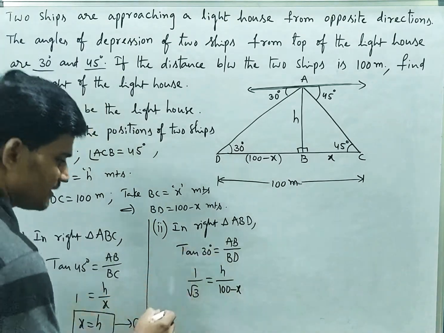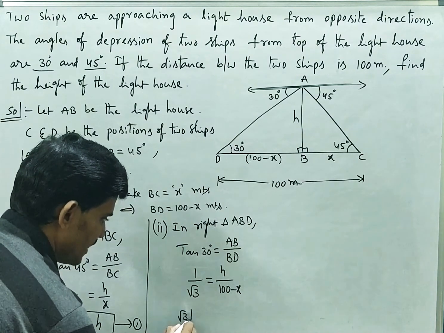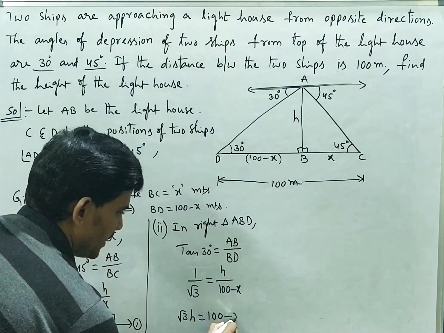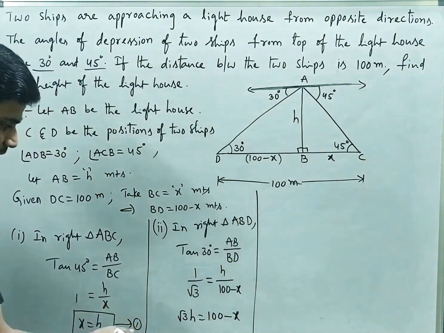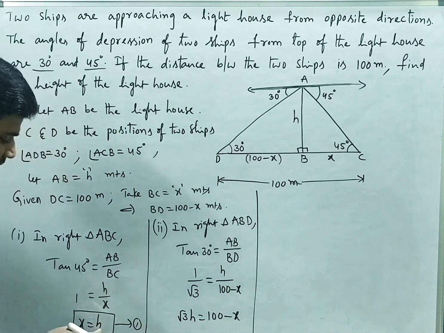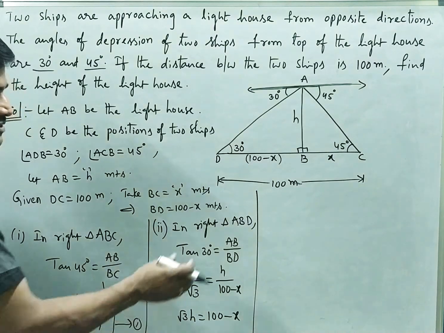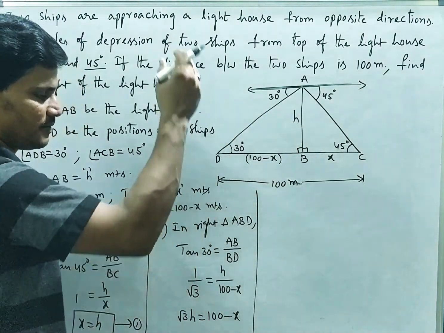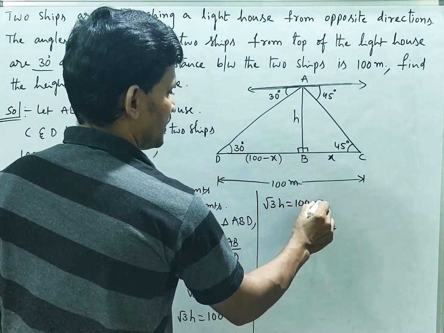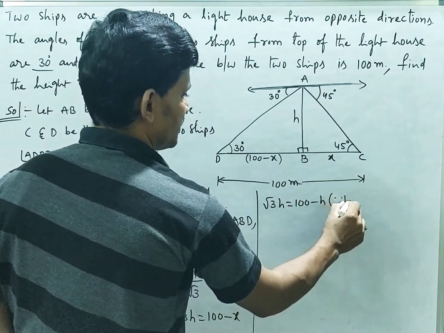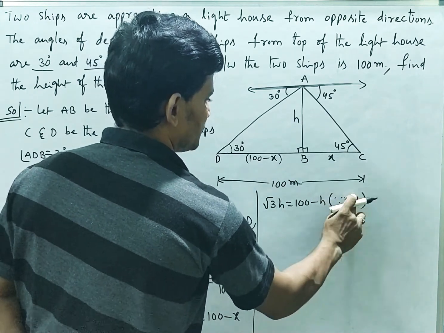Do the cross multiplication, that is root 3 times h is equal to 100 minus x. Let us replace x by h because both are equal from equation 1. Why I am replacing x by h: we need the h value, that is the height of the lighthouse. Root 3 h is equal to 100 minus h, since x is equal to h.